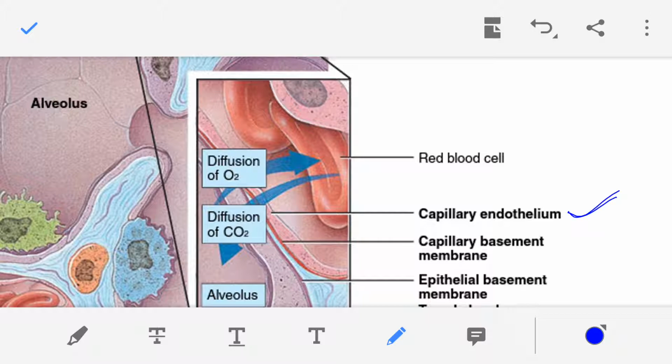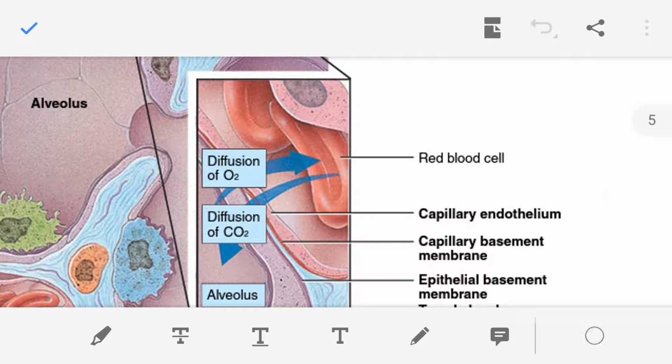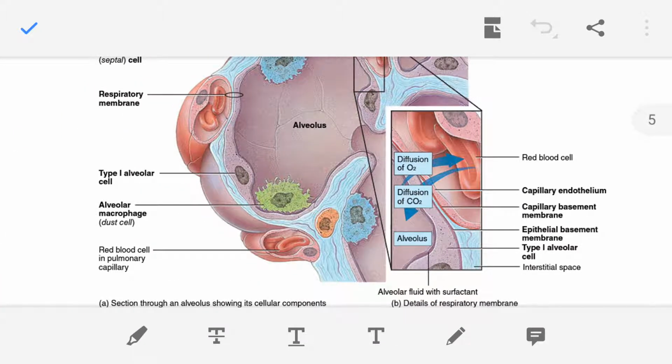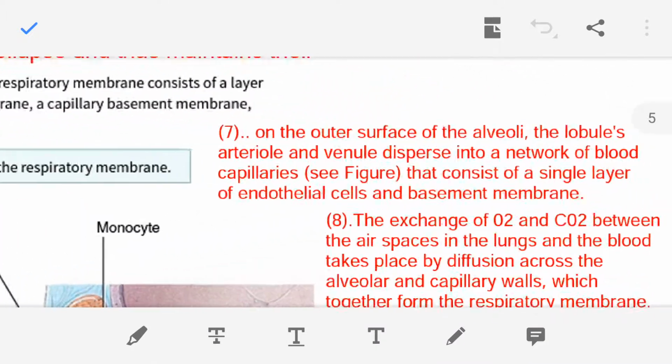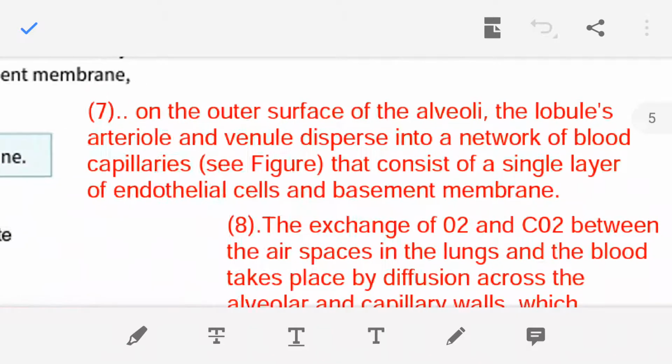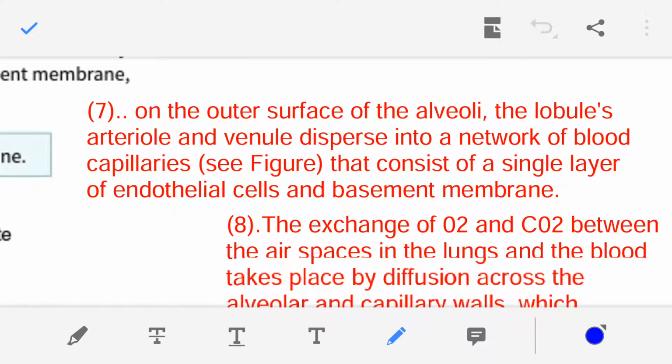Capillary endothelium and capillary basement membrane. Inside, endothelium cells are there, and outside, the basement membrane. So this was the seventh point regarding the capillary network and which types of cells are present in the capillary.